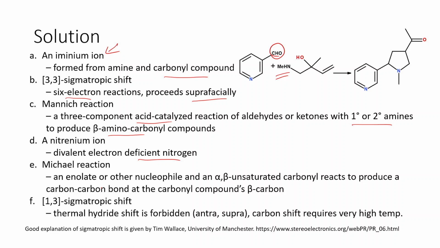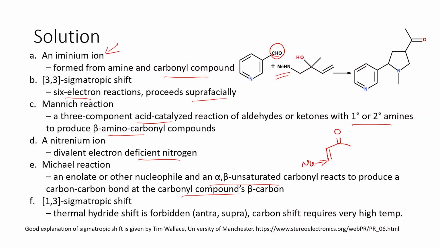Here an enolate or other nucleophile and an alpha-beta unsaturated compound react to give a carbon-carbon bond at the beta carbon atom, relative to the carbonyl group. So this is what we have if we have an alpha-beta unsaturated system. Here the nucleophile adds to this particular carbon.